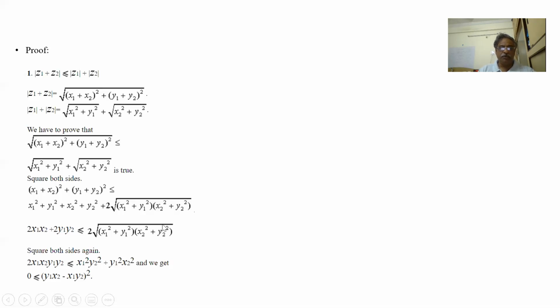So here also, what is left over? x1 square y2 square plus x2 square y1 square is left over. So a square plus b square minus 4ab is, again I am squaring both sides. Again, what am I getting here? a square plus b square minus 4ab.